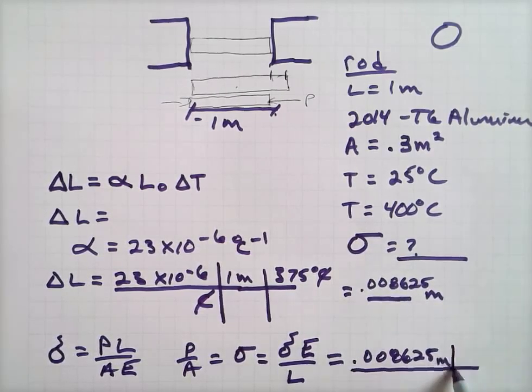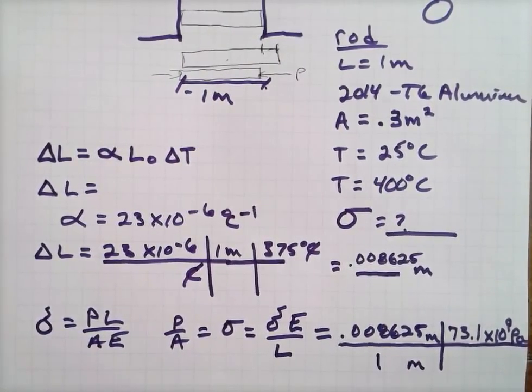What is the modulus of elasticity for aluminum? I get 73.1 times 10 to the 9th pascals, divided by the length, 1 meter.